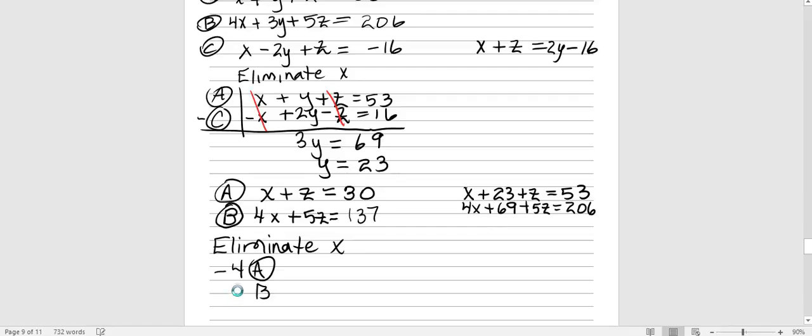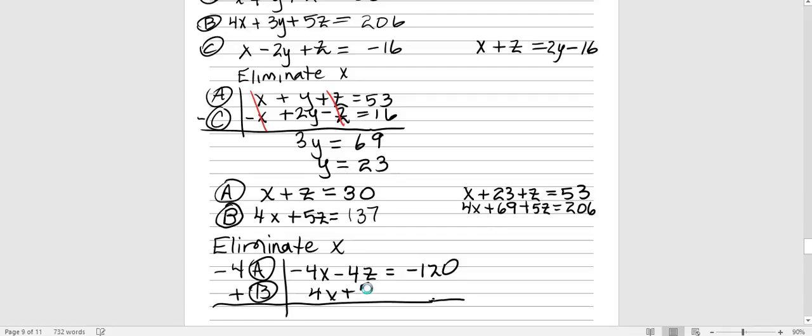And I'm just going to recopy equation B. So I get -4x minus 4z equals -120. And I recopy B. And I'm able to eliminate x and find out that -4z plus 5z is simply z, equals 17.